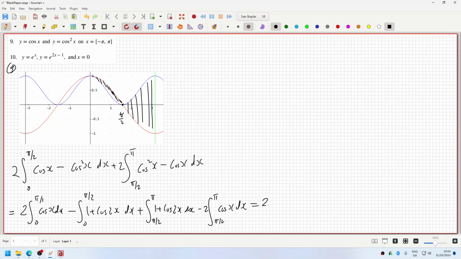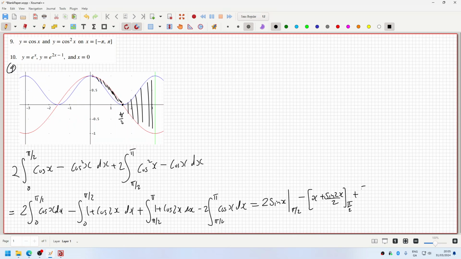Equals 2 sine x between pi over 2 and 0, so it just needs to be pi over 2. Calculate at pi over 2. Minus x plus sine 2x over 2. And again, the 0 doesn't matter, so it's just pi over 2.